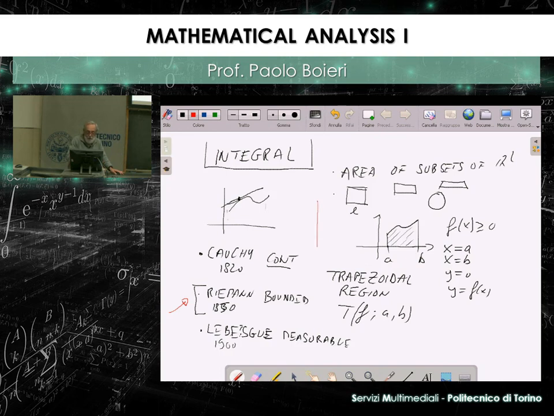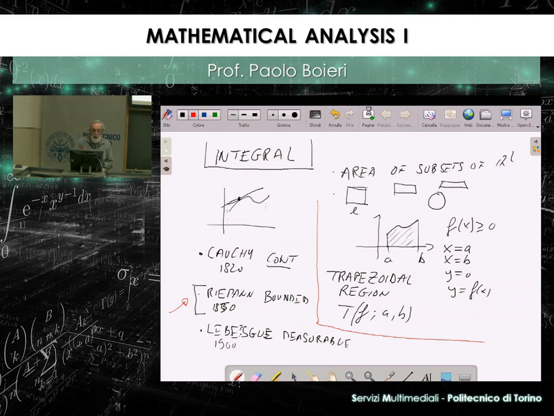Okay, I said the first thing is given a function, I define the trapezoidal region. If the function is positive, it is what you see here.